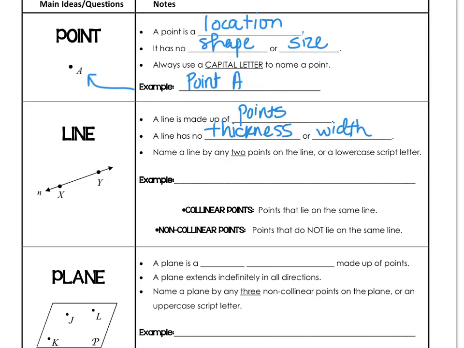So in the example here, we could call this line N, line XY, or we can write XY with the line written above it, and all 3 of these describe that line.